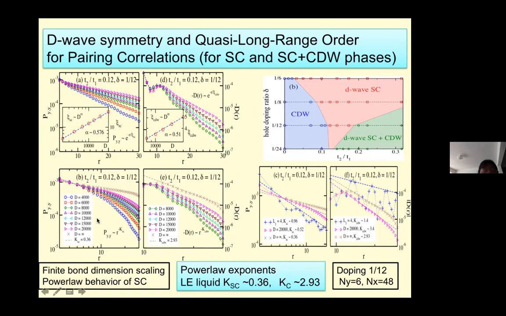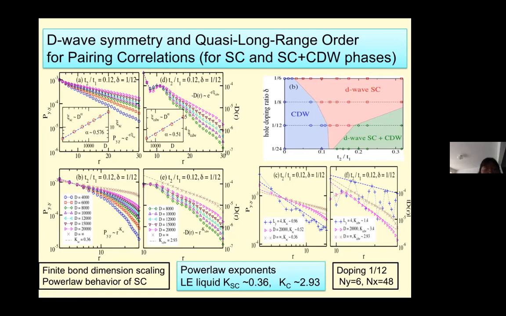Then we also look at the log-log plot. We see that at short distance, those correlations do follow a very good straight line behavior, and it falls faster at longer distance. But with increasing bond dimension, the correlations also get enhanced very fast at longer distance.